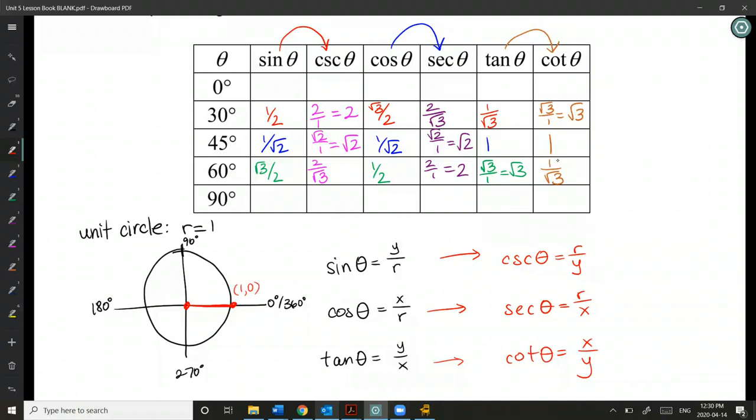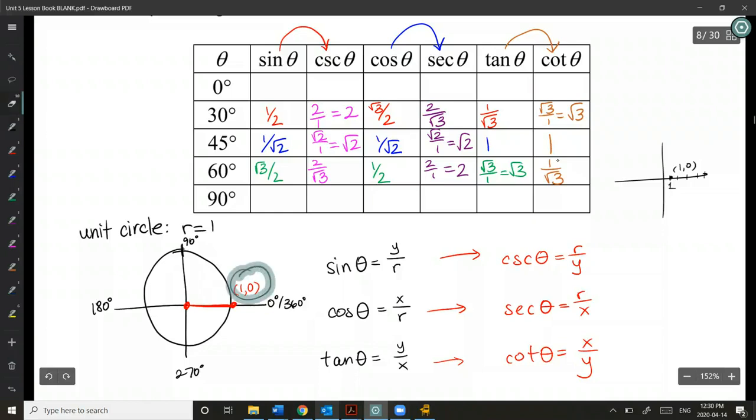Okay, and I know that because this measurement right here is the radius of the circle, and I know the radius of the circle is 1 unit. So if you think about your x and y axis in terms of little ticks here, if I go over 1 unit on the x-axis, I know this point is (1, 0). Okay, that's the point that I've labeled here.